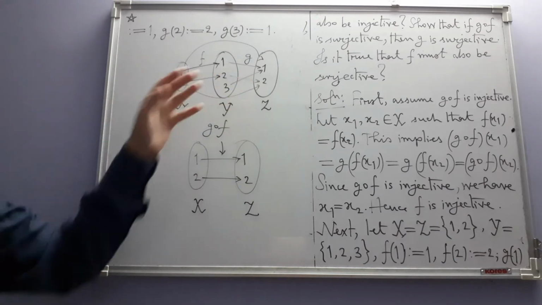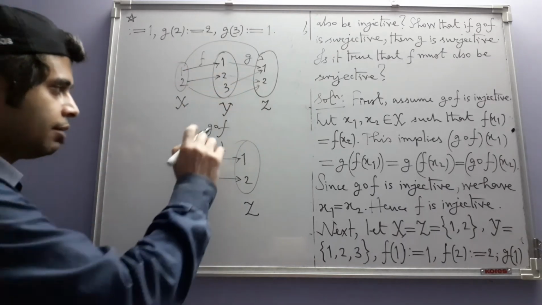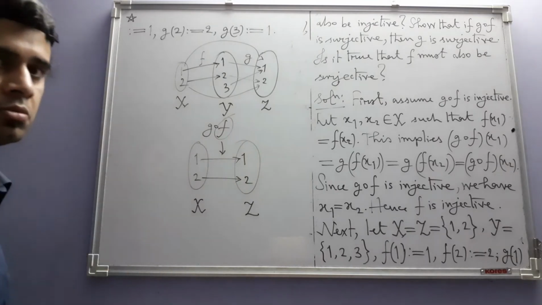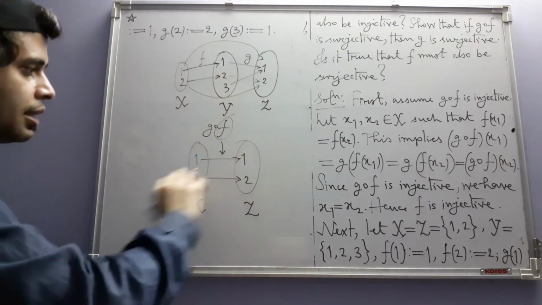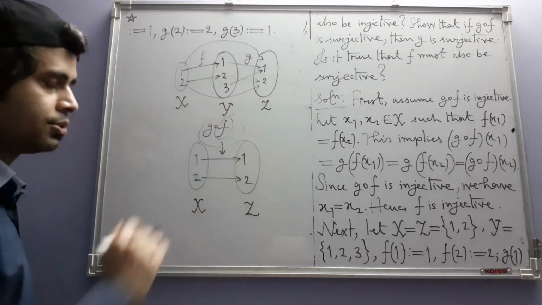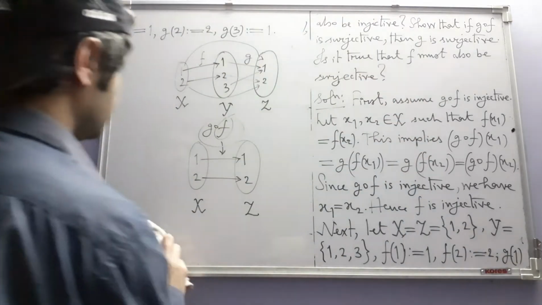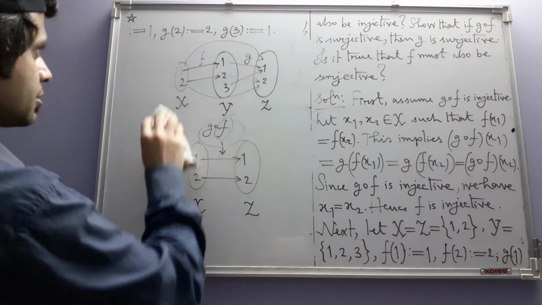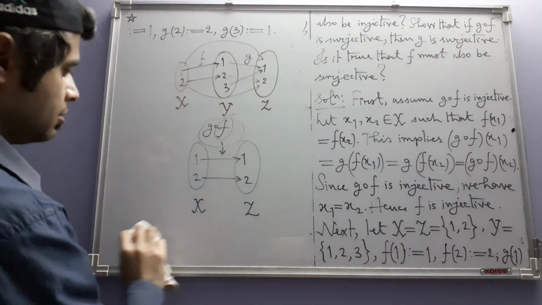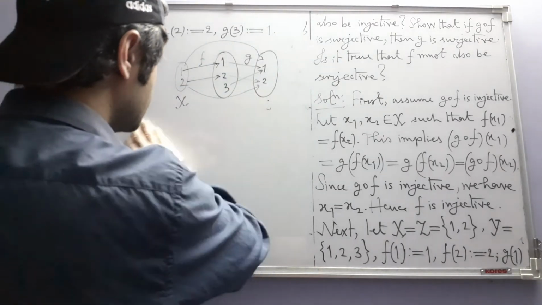G may be a many-to-one function also. But f of course is injective. We have already proved that. Without f being injective, we cannot have injective G composition f. So this is the situation. And we can now just see, we write this without using this figure.